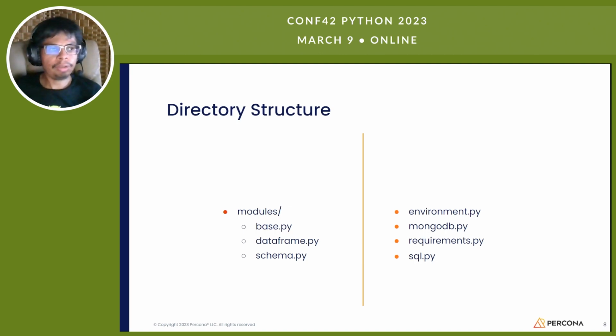And well, this is the directory structure of our project. We have three modules. One for establishing information about how to establish the connection to the database, including information for MySQL, Postgres, and MongoDB. And here, this module will contain instructions for generating the data and storing that data into a pandas data frame that will later be processed for inserting that information into our database.